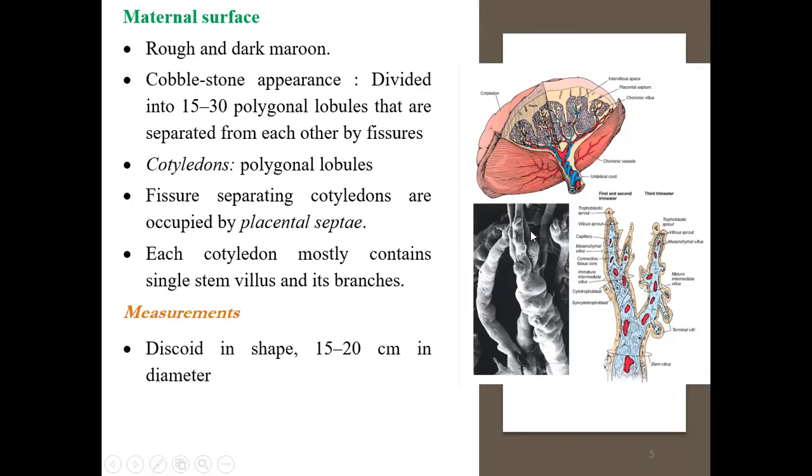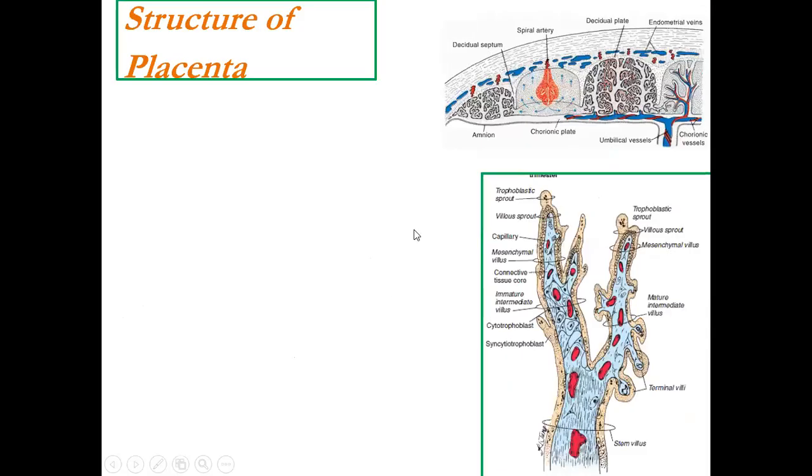The placenta is around 15 to 20 centimeters in diameter, and it is 3 centimeters thick, and its weight is about 1/6 of the weight of the baby, that is 500 to 600 grams. Now what is the structure of placenta?